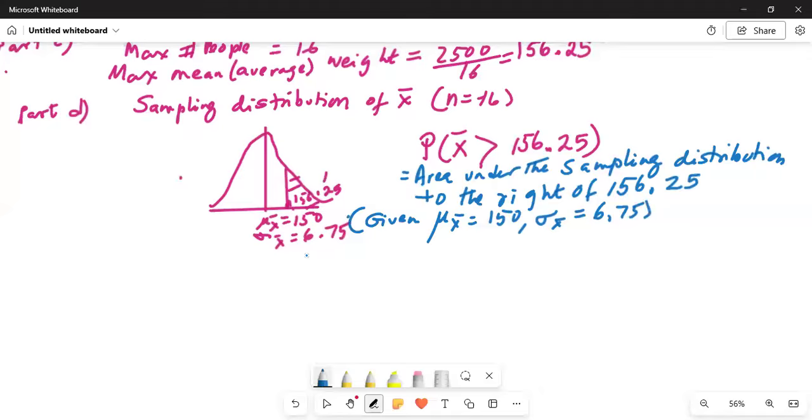So we are going to use the TI-84 calculator.